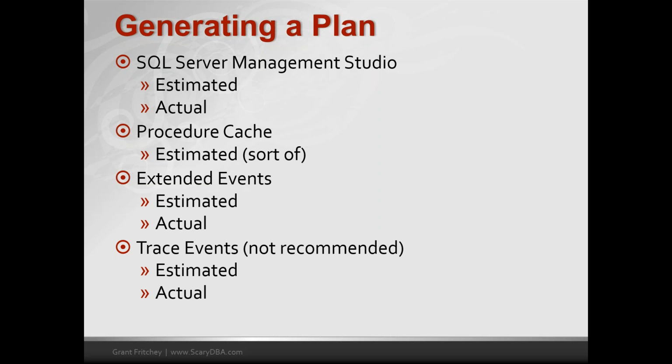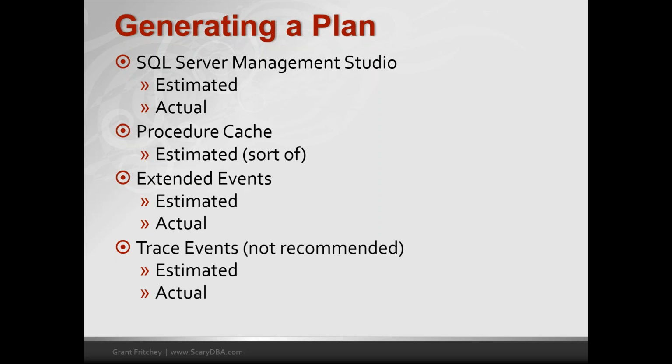The place where you may see radical differences between an estimated plan and an actual plan are in cases where you have a recompile event. But without the recompile event, estimated and actual are almost always going to be identical, except for a few little extra properties. However, that said, what do you want to get, estimated or actual?